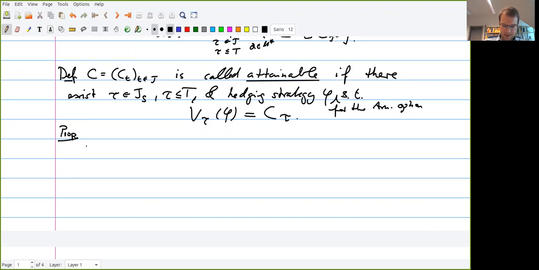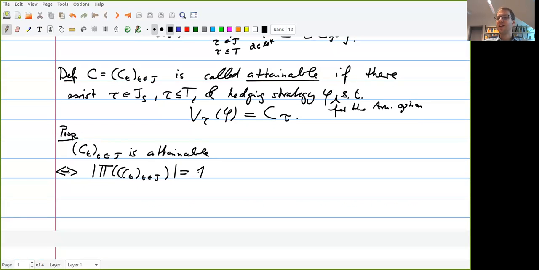Well, the proposition says: my American option C is attainable if and only if the set of arbitrage-free prices of the American option is a single element, so that's a unique price.